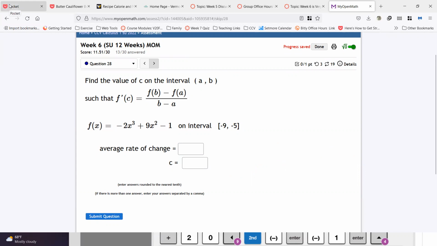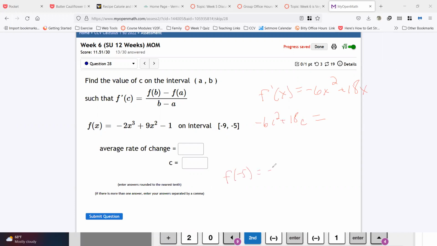So it's the same thing. Here they didn't tell me the derivative, so I got to find the derivative. F prime of x equals negative 6x squared plus 18x minus 0. Okay, so that's the derivative. So negative 6c squared plus 18c has to equal, let's see, what's f of negative 5?